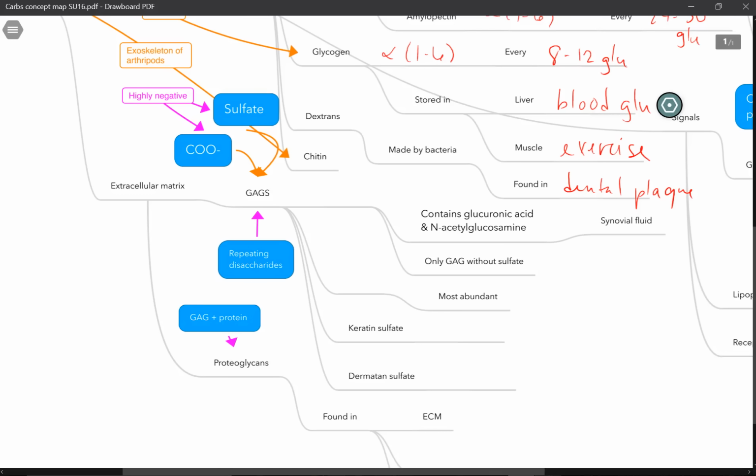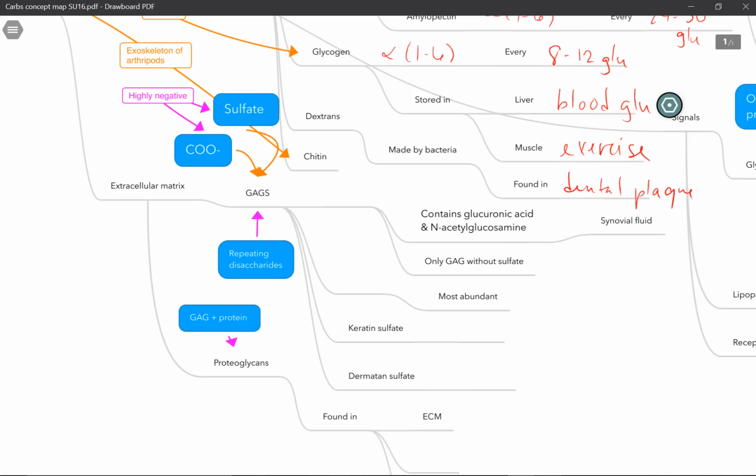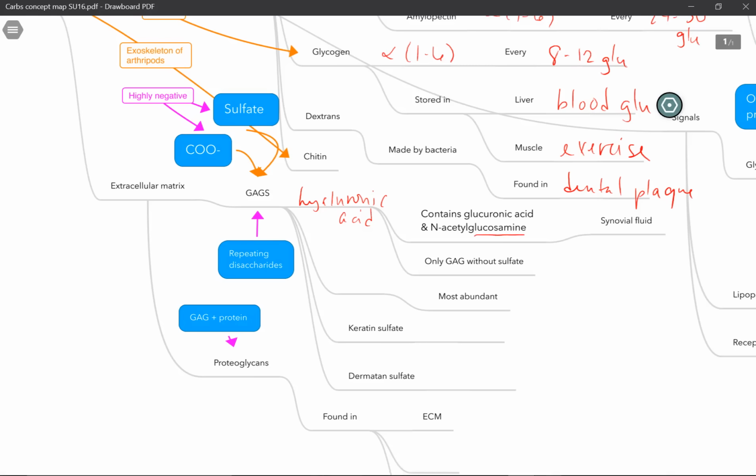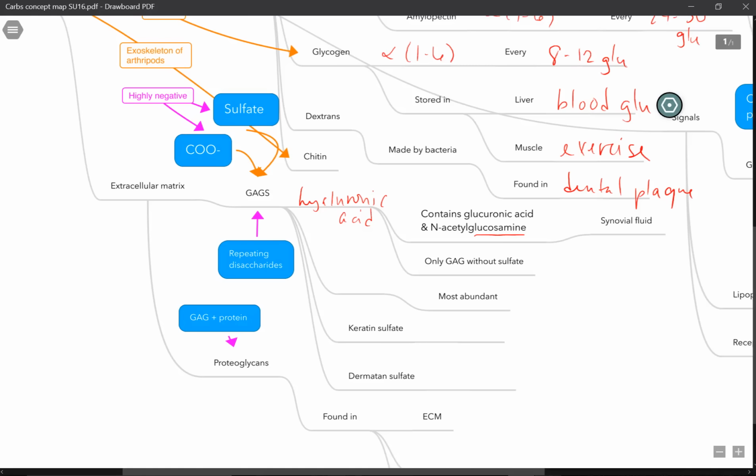And with GAGs, we have a couple different ones to note. We have hyaluronic acid, which contains glucuronic acid and N-acetylglucosamine. That's why glucosamine supplementation is beneficial for synovial fluid patients with osteoarthritis, because it's a precursor for hyaluronic acid. And of note, hyaluronic acid is the only GAG that is not sulfated.